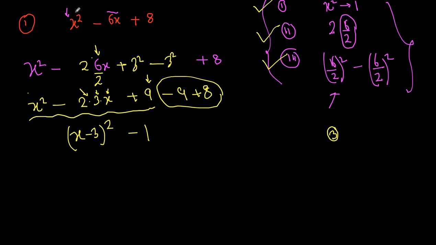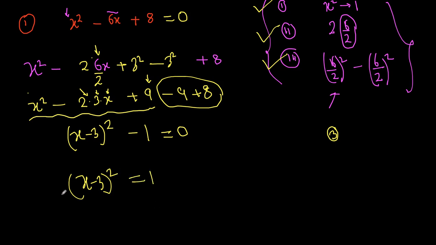Now the second question you will get is to solve this quadratic equation. For solving, we need to put this equal to 0. So can I write (x minus 3) whole square is equal to 1?